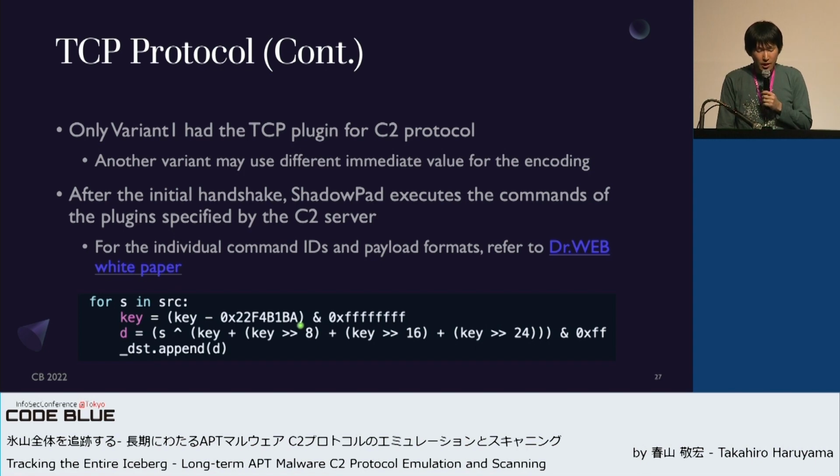And after the initial handshake, ShadowPad executes C2 commands specified by the C2 server. For the individual command IDs and payload formats, please refer to the Dr.Web white paper. The sample analyzed in the paper is older than variant 1, but the formats should be similar.